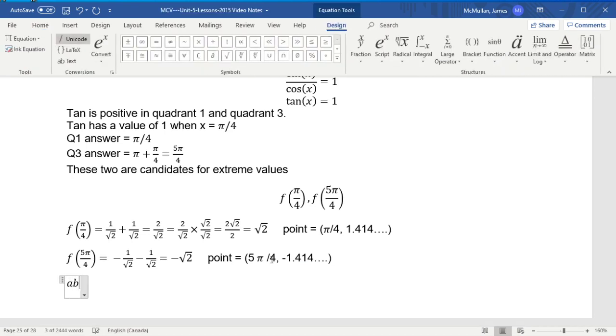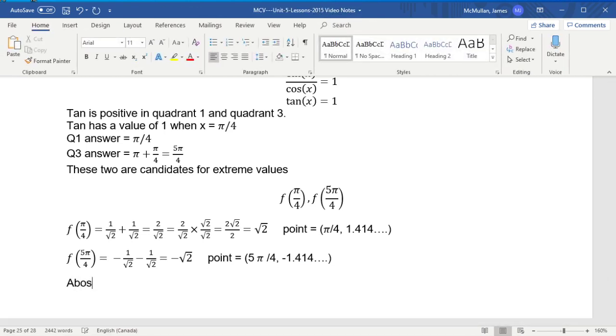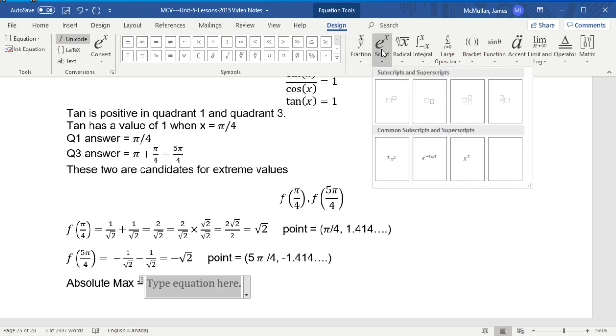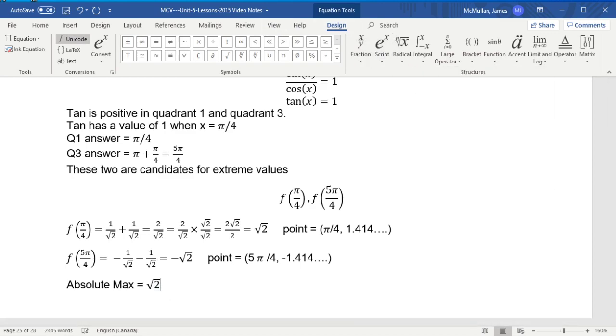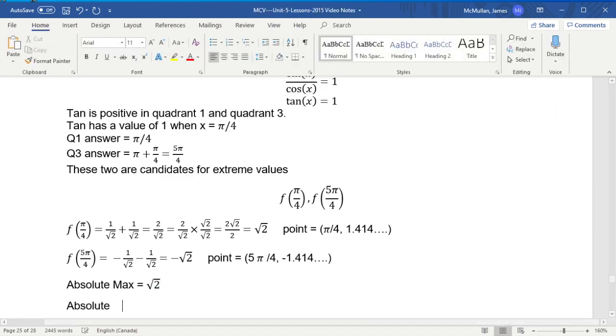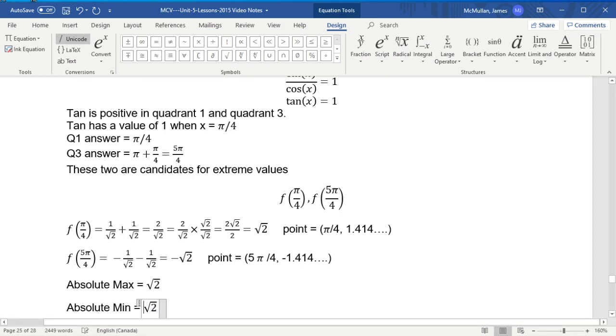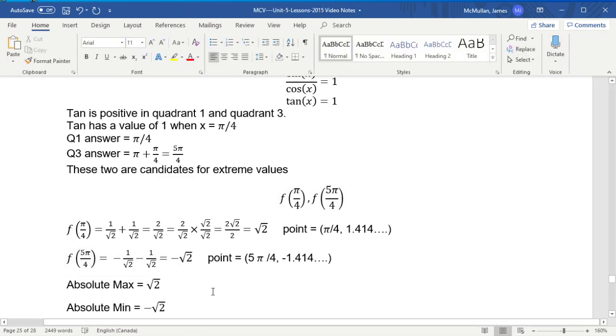So the absolute max is equal to root 2, and the absolute min is negative root 2. Those would be the two values.